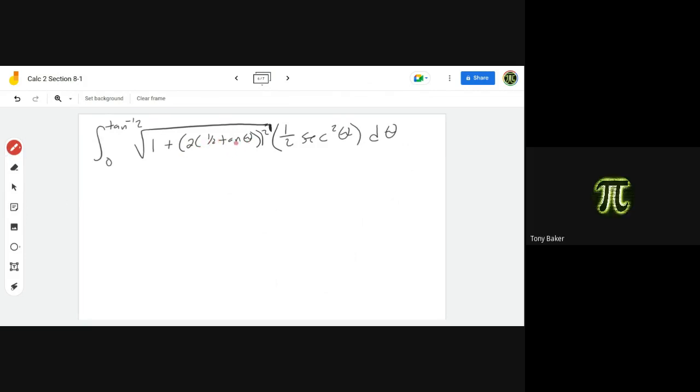Let's clean up this part first. So these two are going to cancel each other out, so I don't have to worry about that. I then end up getting 1 plus tangent squared theta, which is what? 1/2 squared.